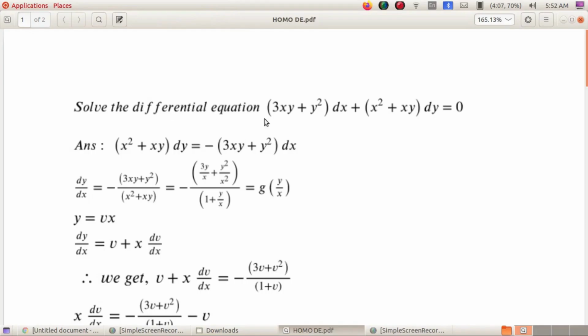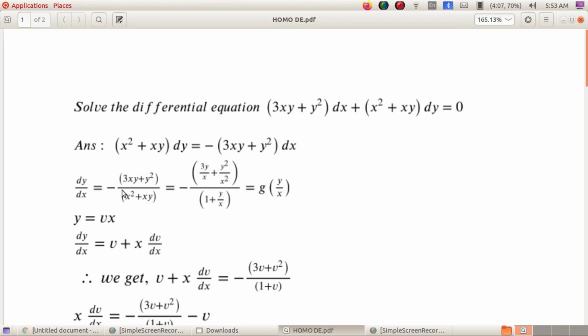Consider the differential equation 3xy plus y square dx plus x square plus xy dy equal to 0. Take this first term to RHS, it becomes minus 3xy plus y square dx. Now dividing, we get dy by dx equal to minus 3xy plus y square divided by x square plus xy.